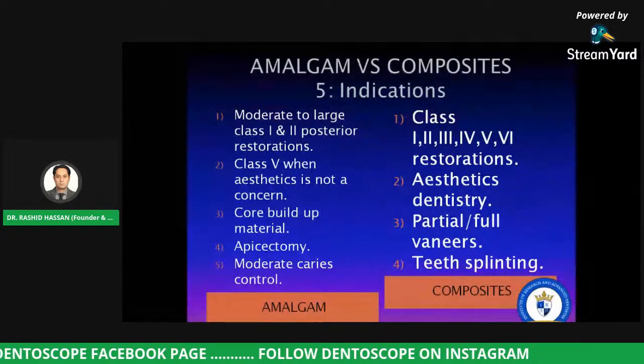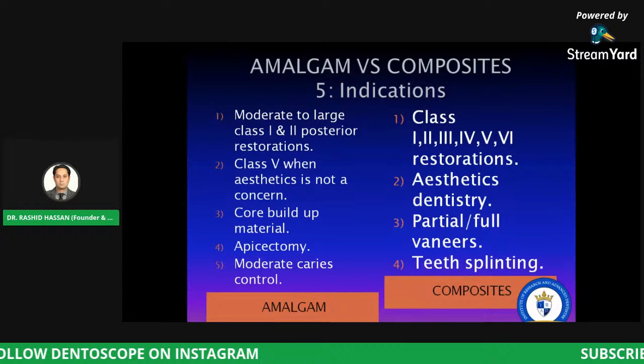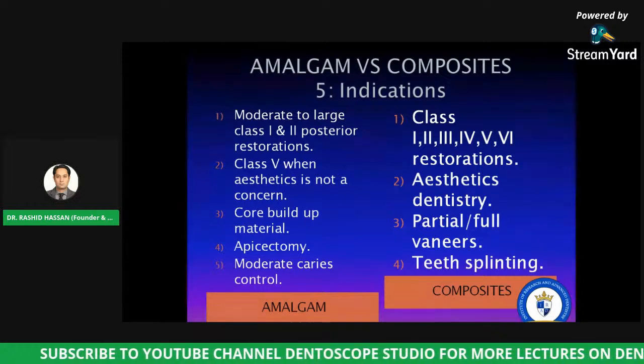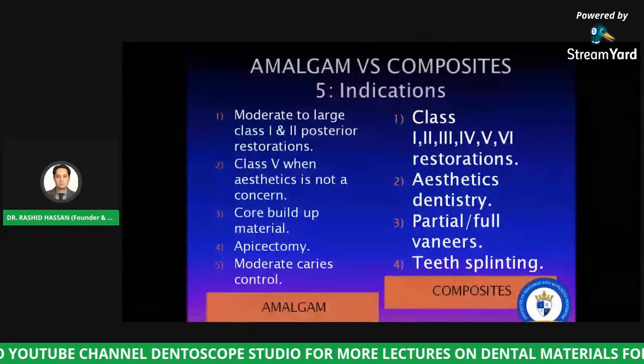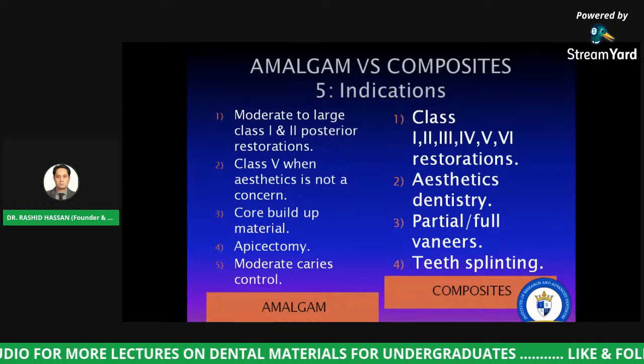So, what exactly do you do? You don't waste that tooth structure, you just build the whole tooth all around the tooth structure. With the help of metallic pins, you insert the pins into the tooth structure and construct the whole tooth. That is called the core buildup, and amalgam is the material of choice for the core buildup procedure.